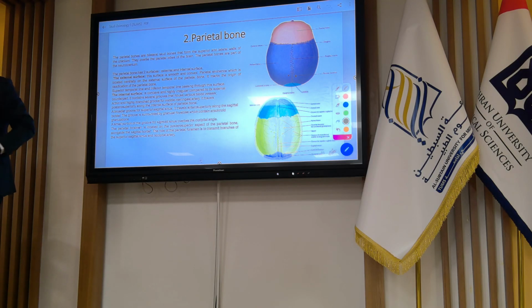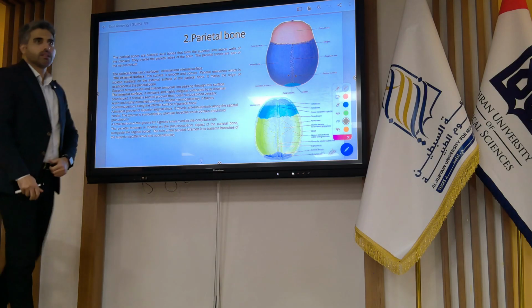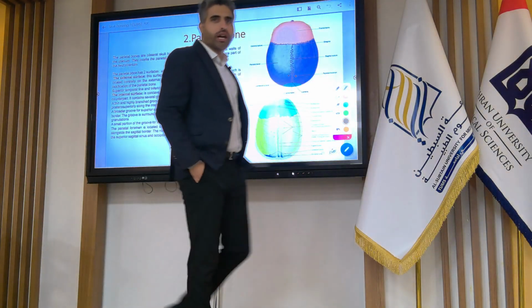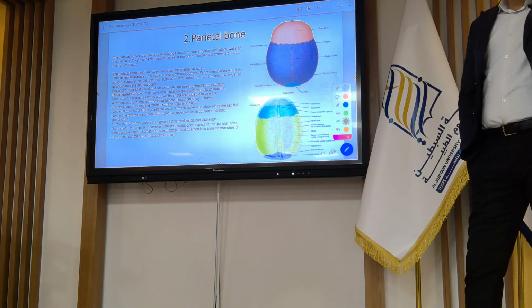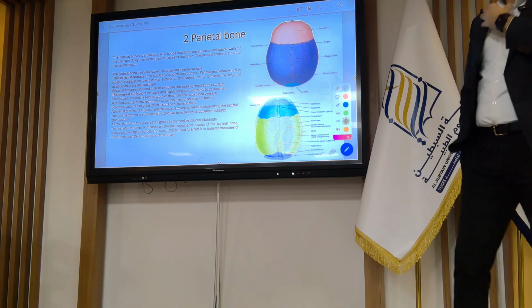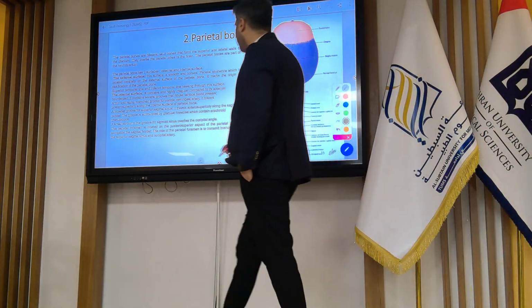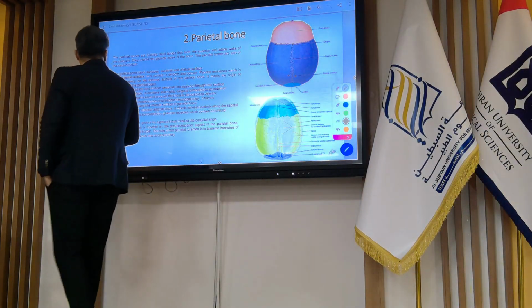No, it's not for the scalp. For veins? Which veins? Emissary veins. Yes, it is for emissary veins. What are emissary veins?